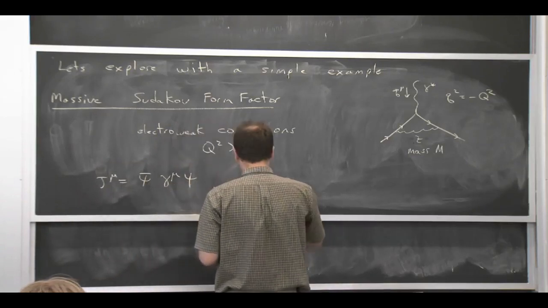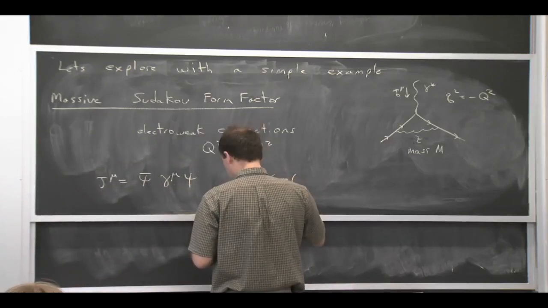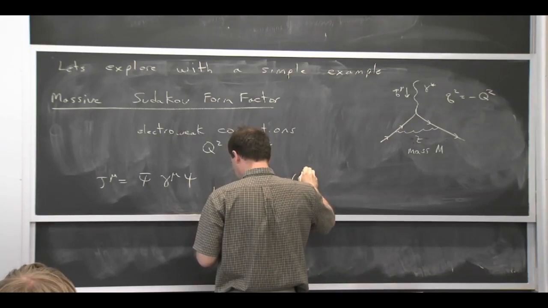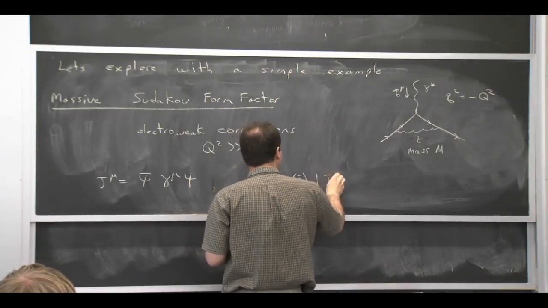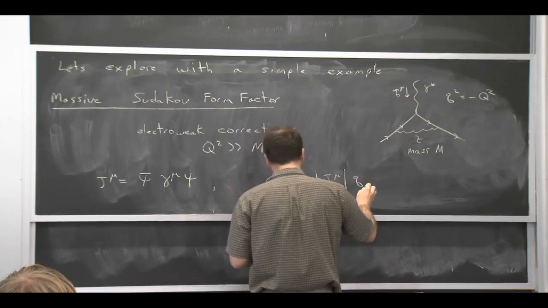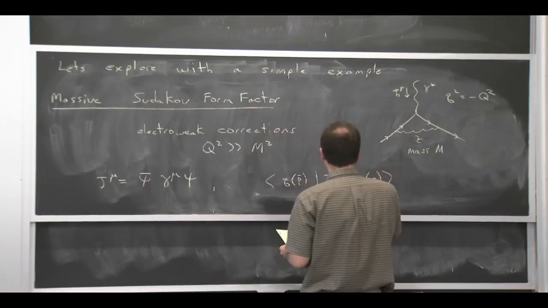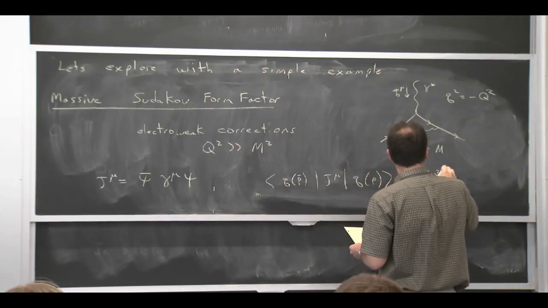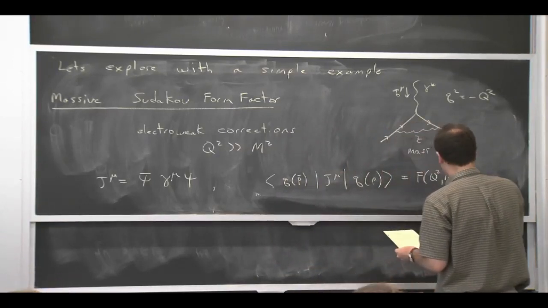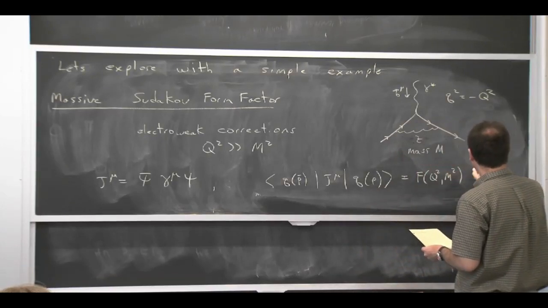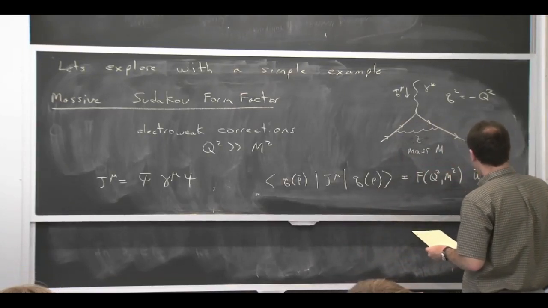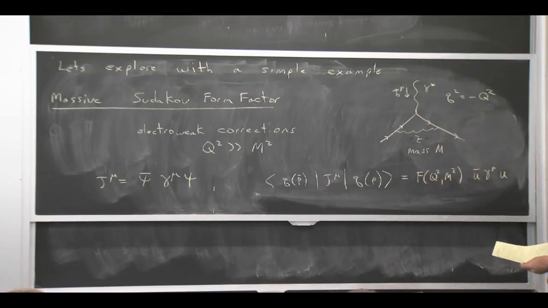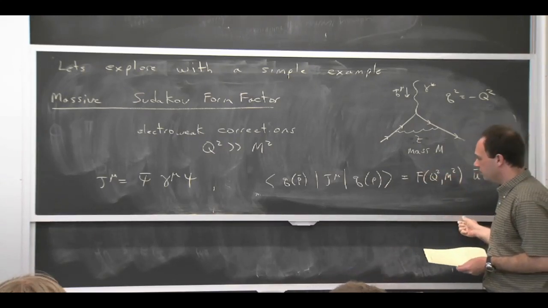Before we do that, let me just write down a kind of full theory object using Lorentz invariance. You could think about the quark form factor. And for massive gauge bosons, this is just some form factor that you can calculate. It's a function of Q squared and M squared. And then there are some spinors. So really the dependence is encoded in this F, which is a function of Q squared and M squared.